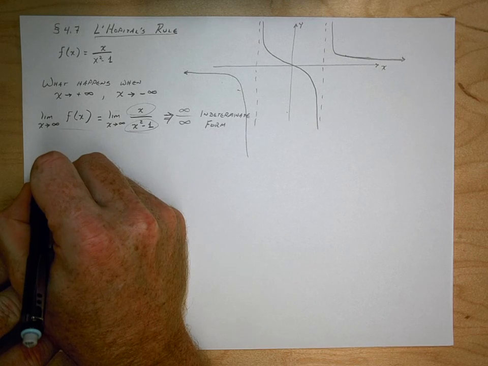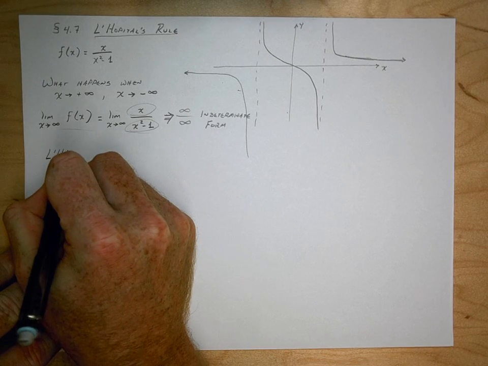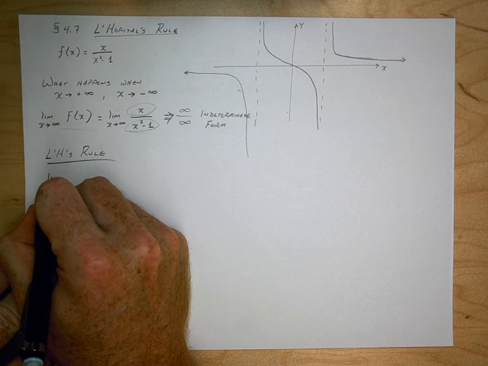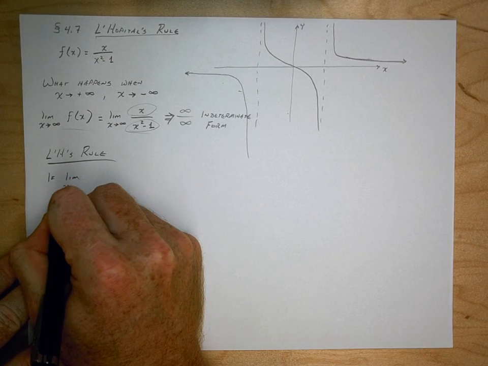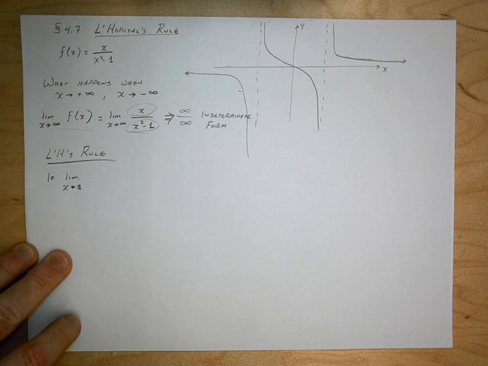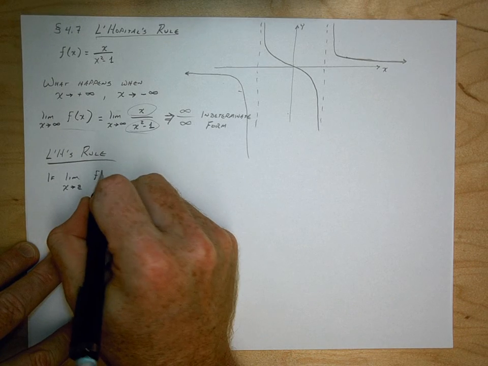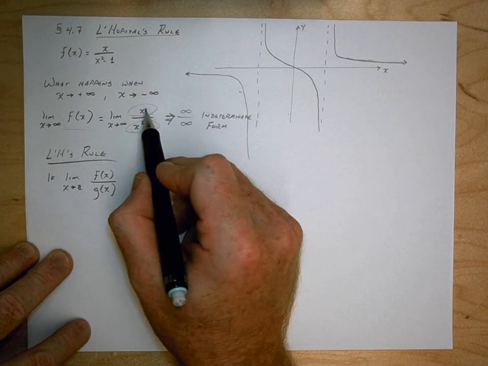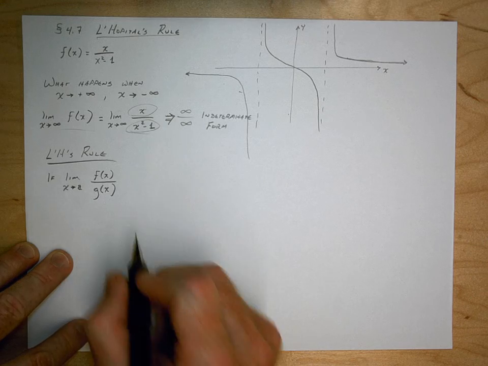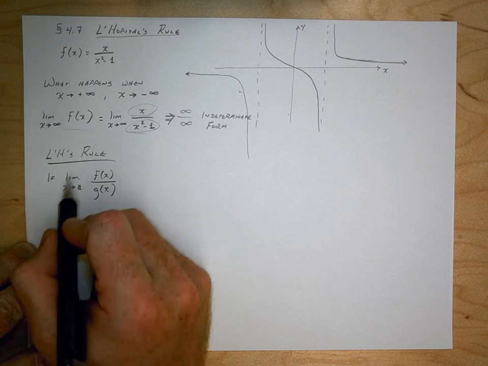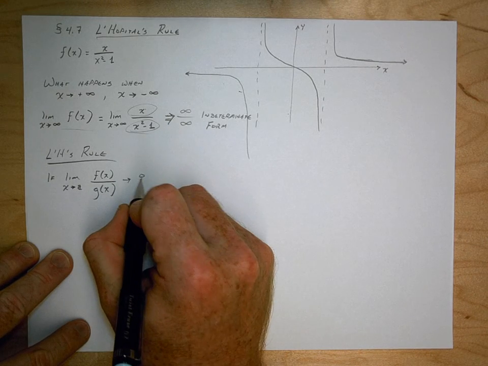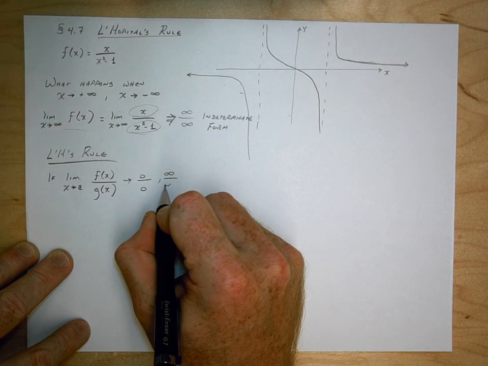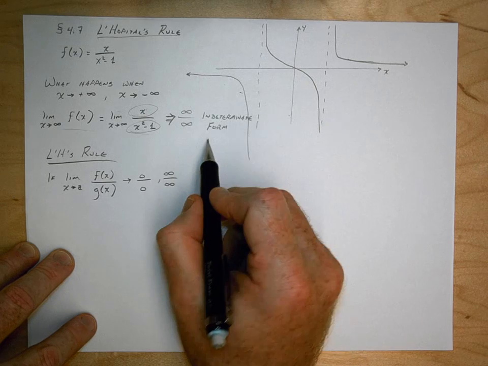L'Hopital's rule says if we're trying to take a limit as x goes to some value, it doesn't necessarily have to be infinity, and the thing I'm taking the limit of looks like a big quotient, just like this does, great big fraction, and the result I get from trying to evaluate this limit is either 0 over 0 or infinity over infinity, these indeterminate forms.